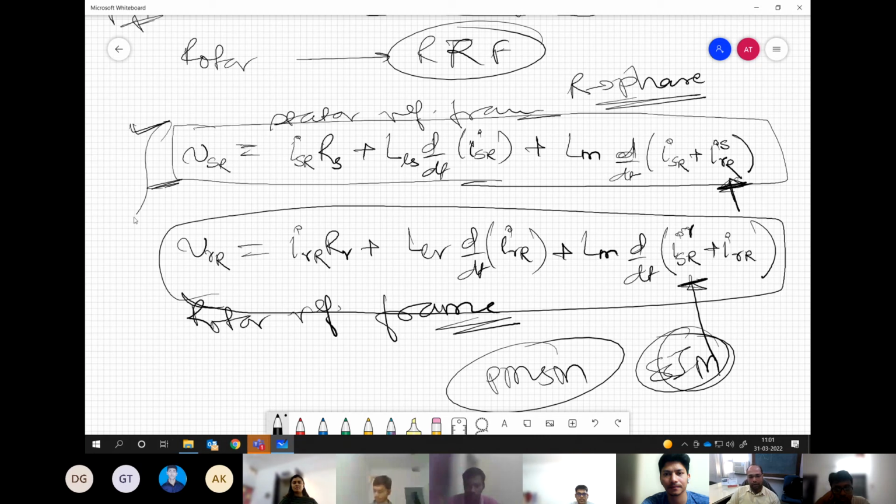That's why I'm putting everything in generic form. What is the maximum possibility what we can have? At the most, we can have supply on both the sides, stator as well as rotor. Now, squirrel cage will not have supply on the rotor side. PMSM will not have any circuit on the rotor side. So these are special cases of what I'm discussing over here. If you are able to understand this, then other things are easier.